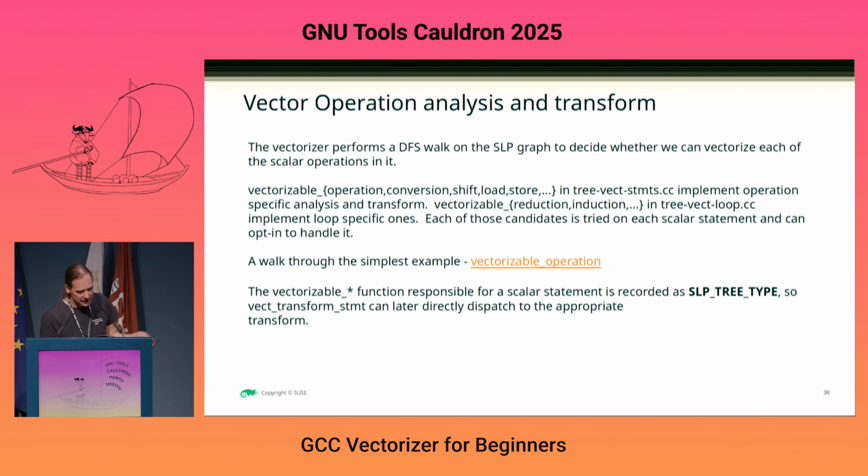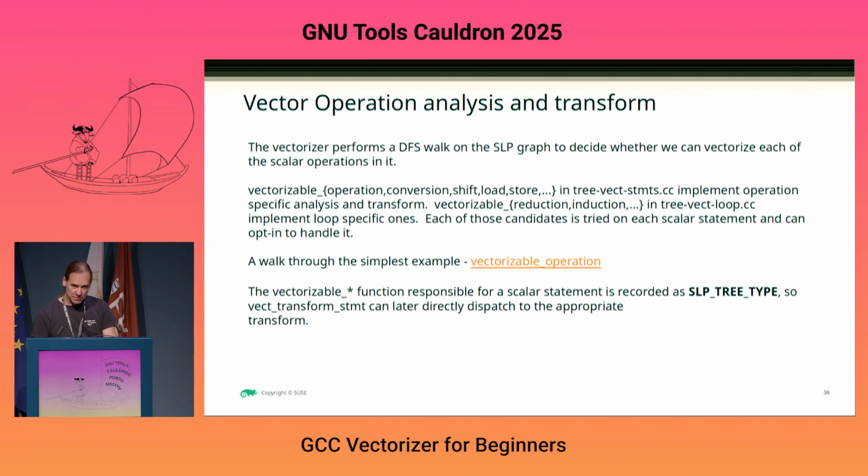Yeah, so the main analysis of whether we can vectorize something is in the vectorizable operation, conversion, shift, load, store, and so on functions in tree-vect-stmts. Originally I planned to walk through the vectorizable operation thing, but that's no longer possible, I think.